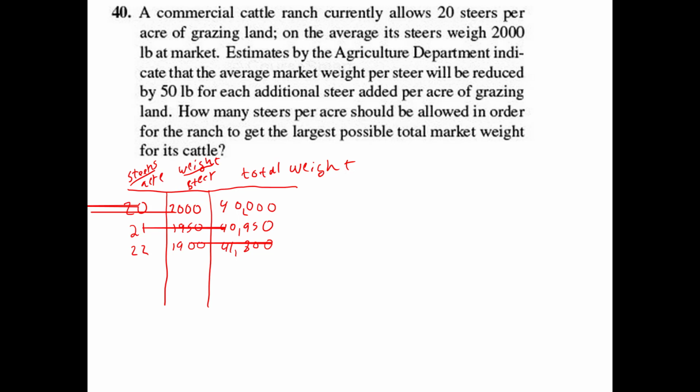If you just look at the first two columns, you'll realize that as the input increases by 1, the output decreases by 50. So that means that it is linear. So linear means that y is equal to mx plus b.